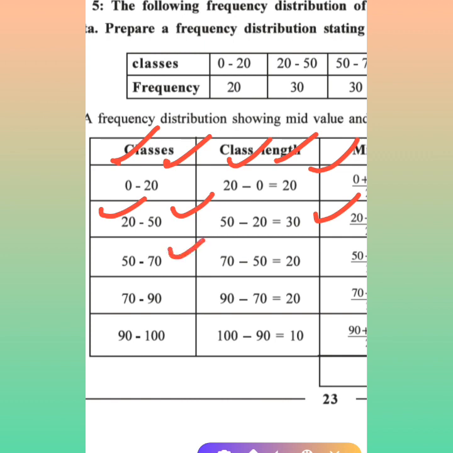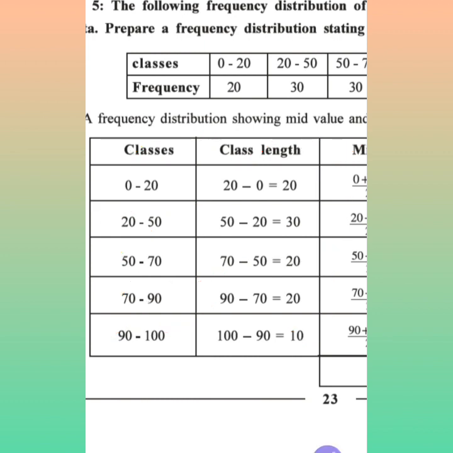Similarly, 70, the upper limit of the given class, minus 50, the lower limit, the class length you got is 20. Similarly, 90 minus 70 will give you 20 again. Then 100 minus 90 will give you 10. So the class lengths are 20, 30, 20, 20, 10, and you would find these are not the same. All these are unequal class lengths.